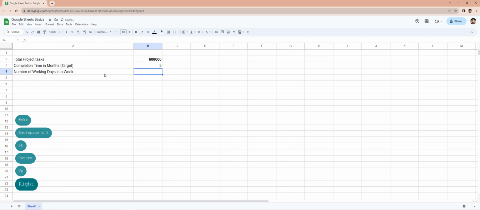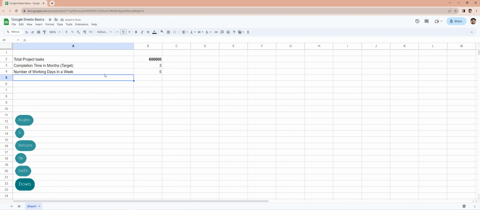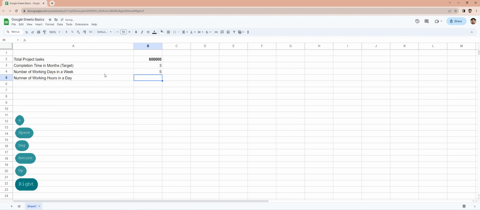Let's go by 5 working days, as most of the time it goes. And the number of working hours in a day, let's go by typically 8 hours, excluding the break.